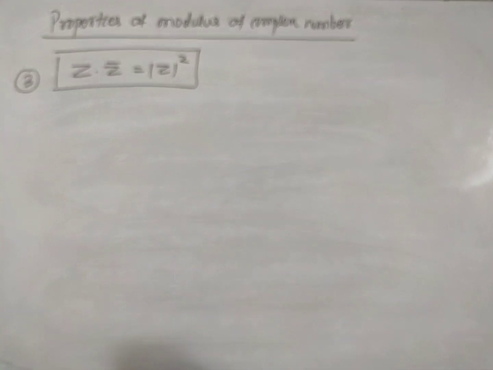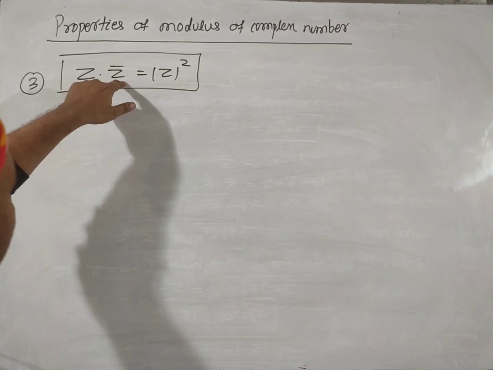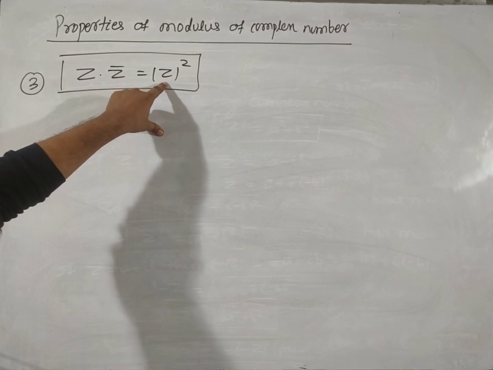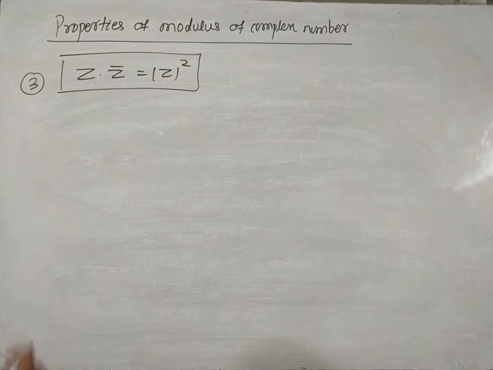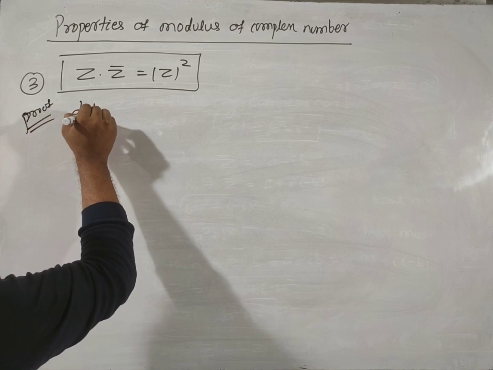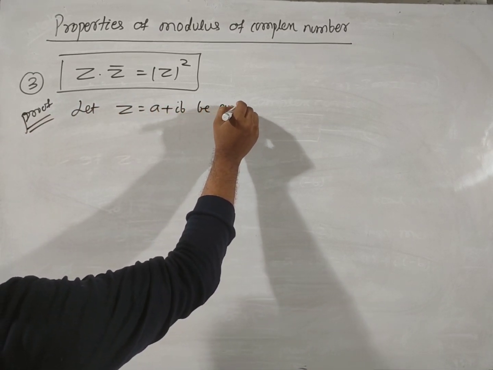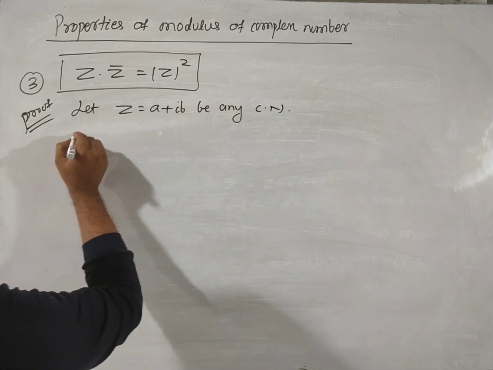In the property number 3, we have to prove that the multiplication of Z with its conjugate is equal to the whole square of modulus of Z. So let us go through the proof. Let Z is equal to a plus ib be any complex number.